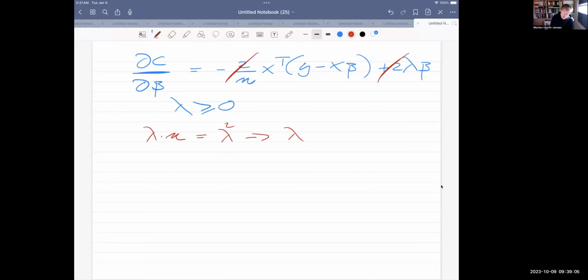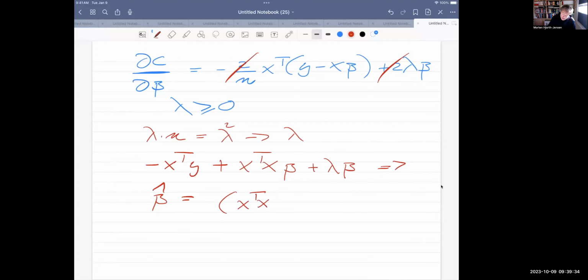So what we're going to get then is minus x transpose times y minus x transpose times x times beta, plus lambda times beta. And now I collect the terms. And then what I get then is that the optimal beta is going to be equal to the matrix which I now have to invert, which is x transpose times x plus lambda times the identity matrix, and this is the one I want to invert, multiplied with x transpose times y. So obviously we want this to be 0.